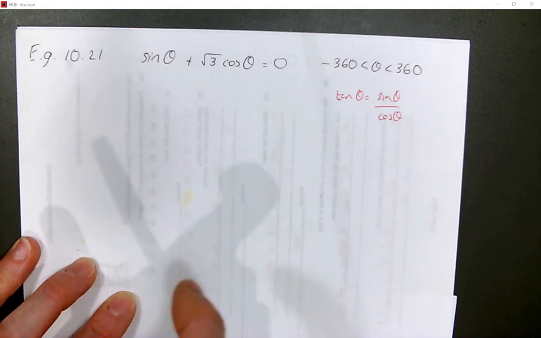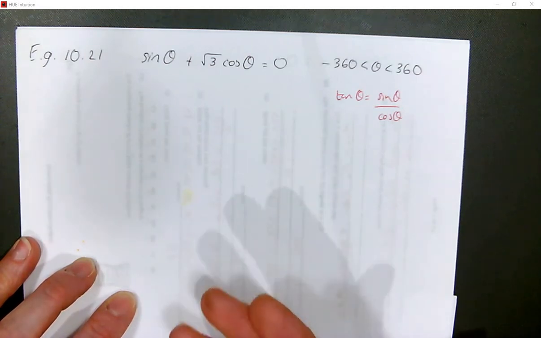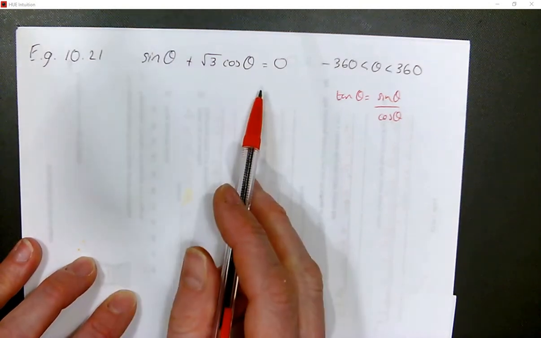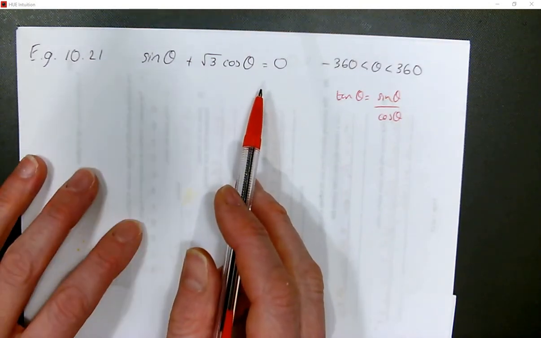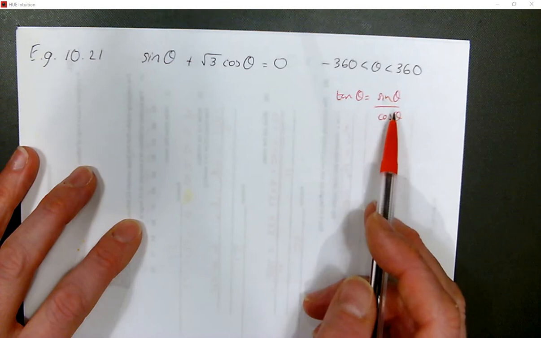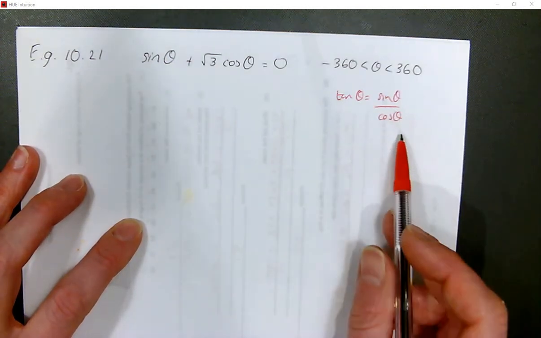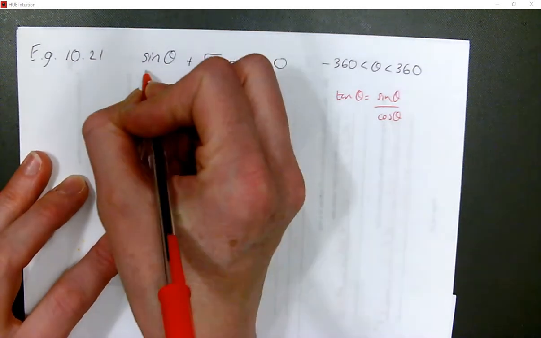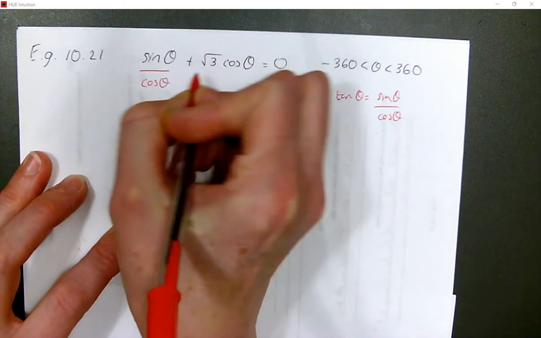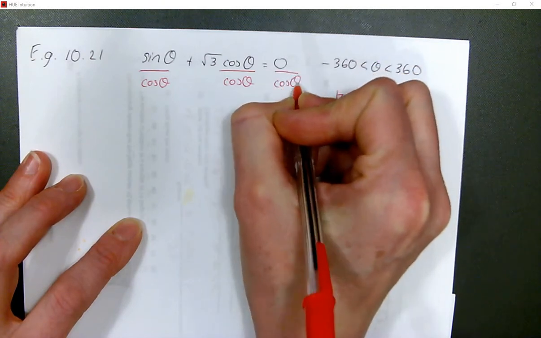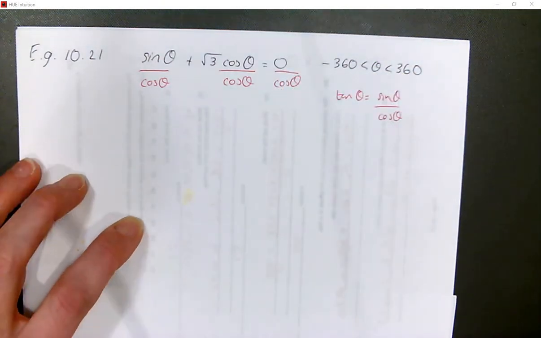It's okay if we've got brackets multiplying to make 0 with a single trig function in each, but here we can't do that. So we need to do something. What we're going to do is convert things into tan by dividing everything by cos theta. So every term is divided by cos theta.